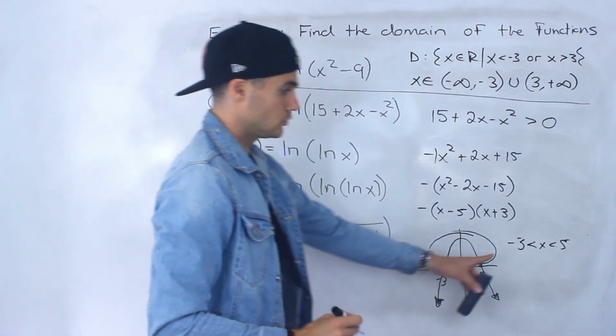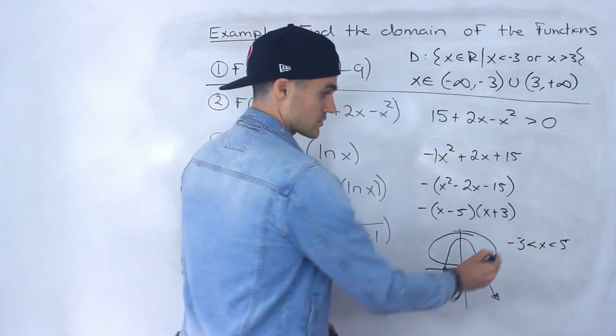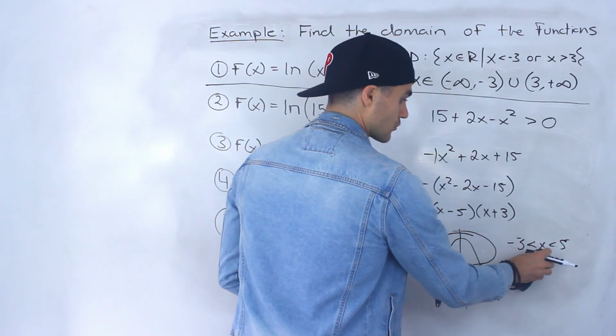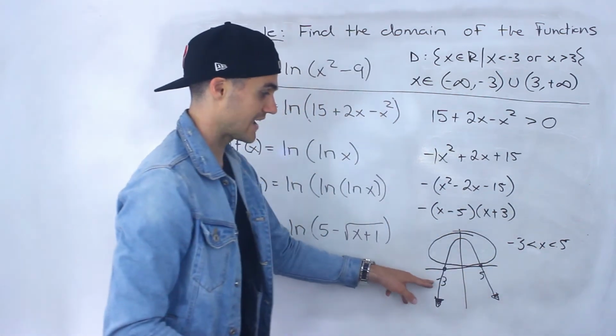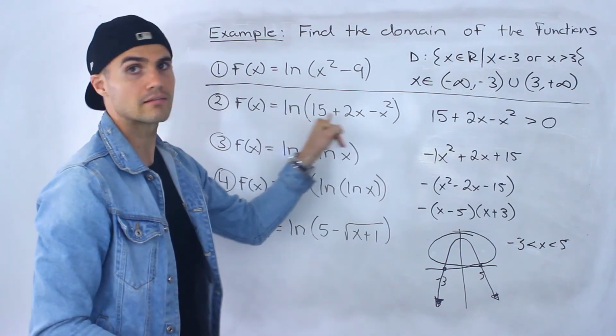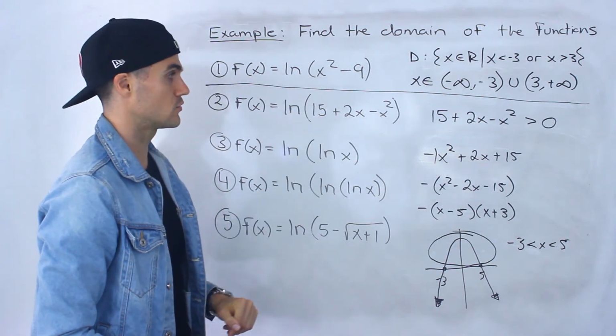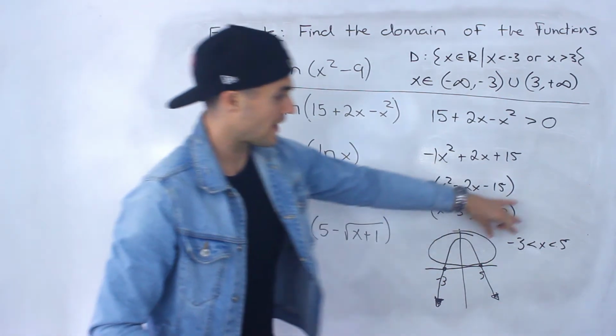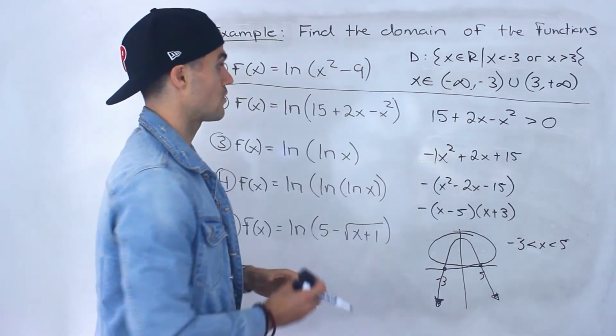Right? And you don't want to include -3 and 5, so you don't want to write greater than or equal to -3, because if x is -3, then it would make this 0, but we can't take ln of 0, as I mentioned in the beginning of the video. And so that there is the domain for this function.